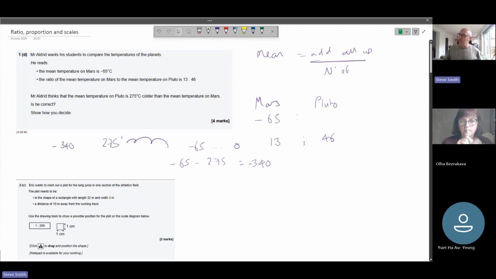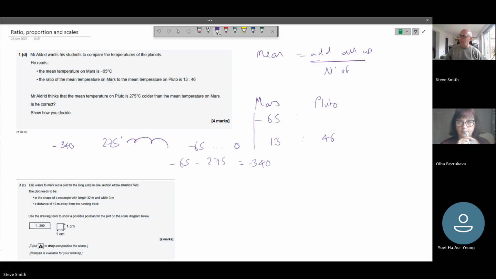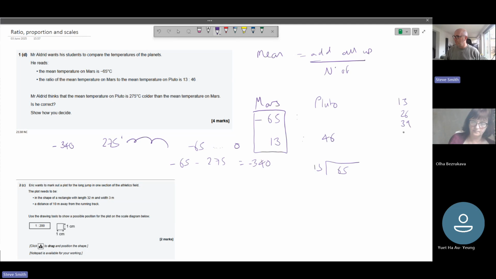So the way we're going to do this is we need to split this number into 13 parts, because it's saying that 65 represents 13 parts. So if we were going to go into 65 and 13, we could do 13 on the side. 26, 39, 52, and 65.